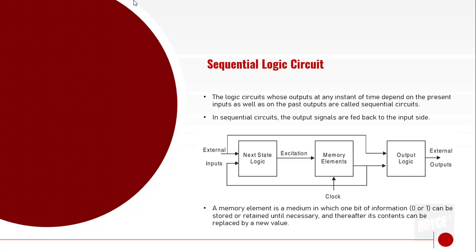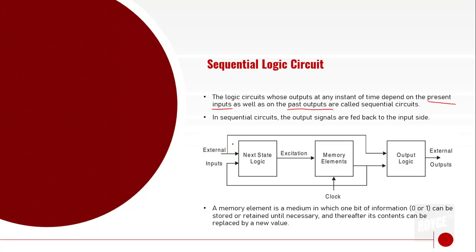Now, nasabi natin ito that the outputs of this logic circuit at any instant of time will depend sa present input as well as dun sa past outputs. Okay, so dalawa na yung kino-consider natin. Yung input niya at present and yung past output.